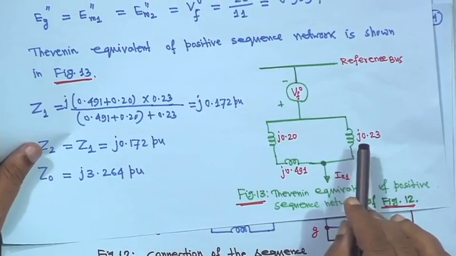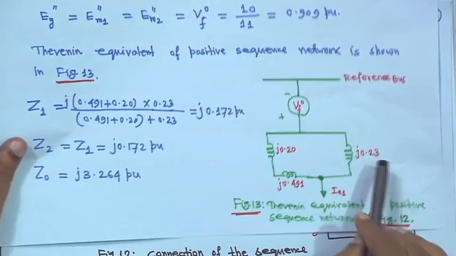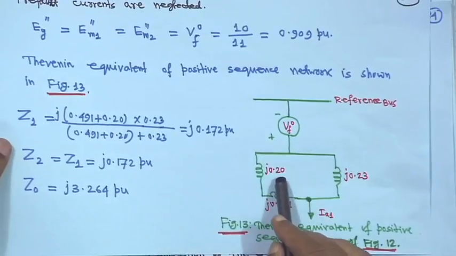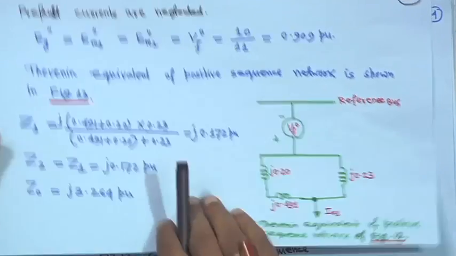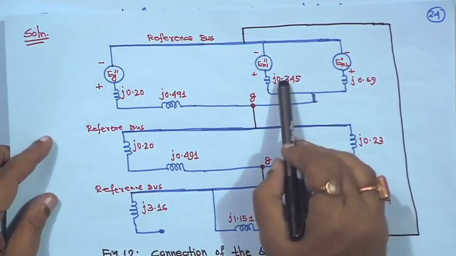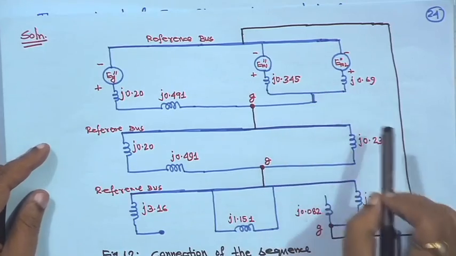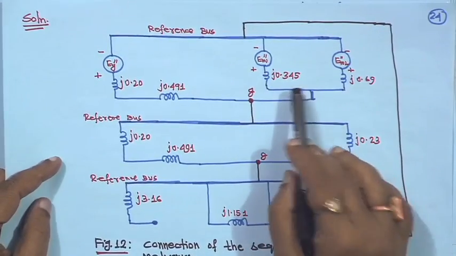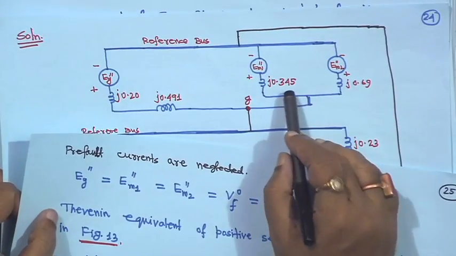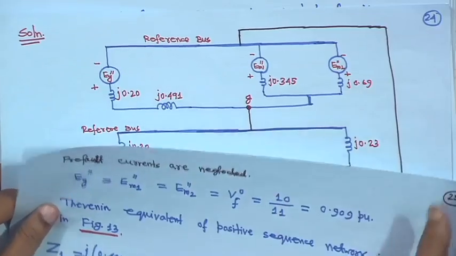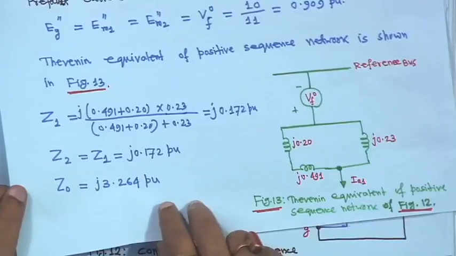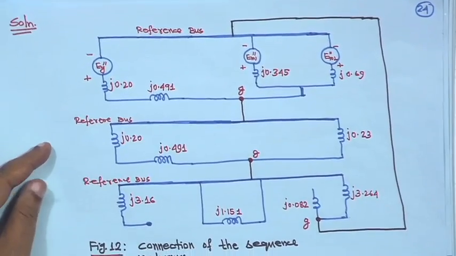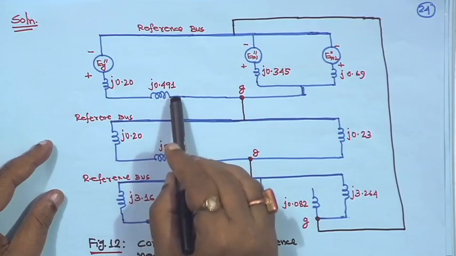This side is J 0.23 and this side is J 0.20 and J 0.491. So, these two are parallel. We have taken this one out as pre-fault voltage. So, parallel of these two things is given here, J 0.345 and J 0.69. So, that is J 0.23 and this side is J 0.20 and 0.491.